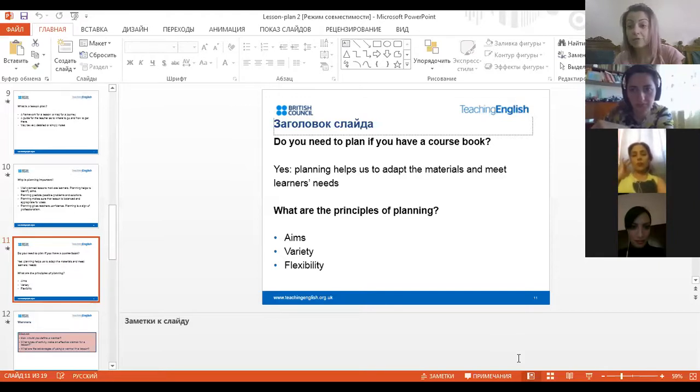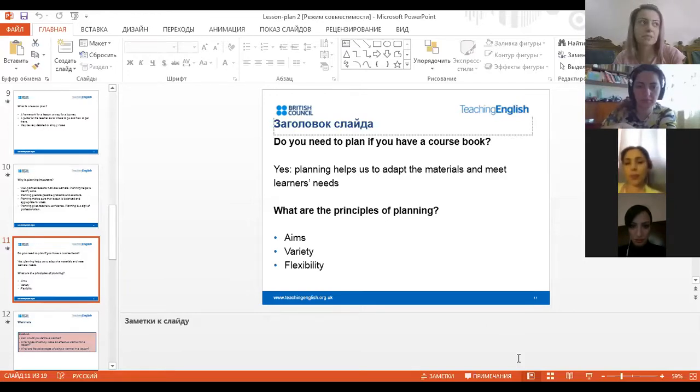Anyway, we have to adapt to learners' needs, yes? The principles of planning are aim, variety, and flexibility. Because sometimes the lesson plans which we have in our course book are not flexible enough for each student.